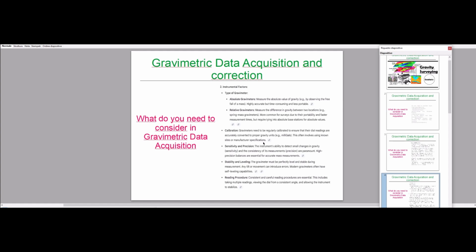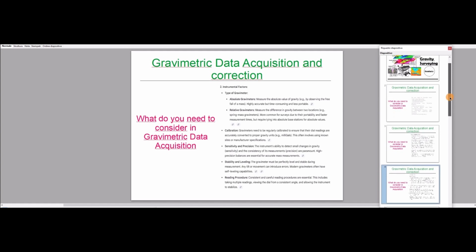By the instruments factor, you can consider, for example, the type of gravimeters. If you are using absolute gravimeters, you can make a measure with absolute value of gravity, highly accurate but time consuming and less portable. The relative gravimeters measure the difference in gravity between two locations, more common for surveys due to their portability and faster measurement.